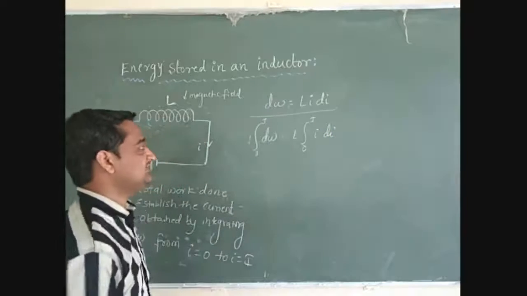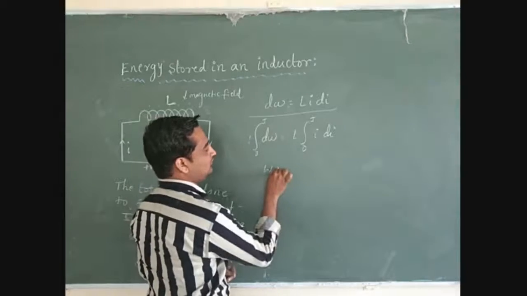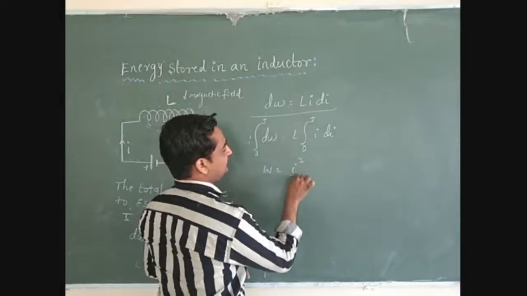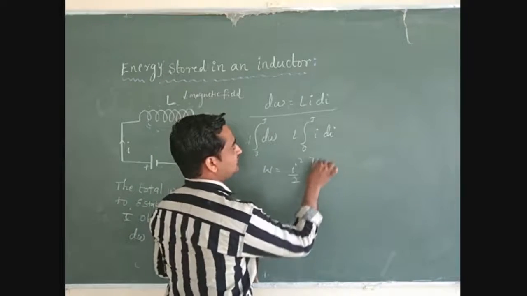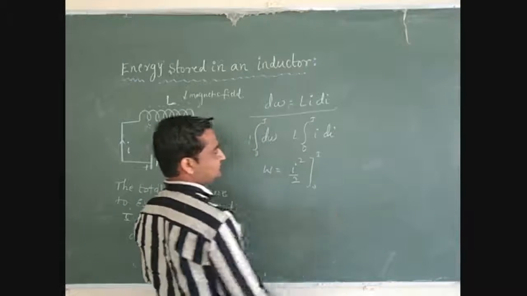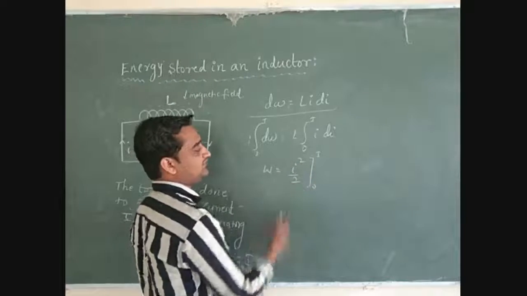So after integrating this expression, dW integrates to W, right? Integration of I is I square divided by 2. So the limits are 0 and I here, right? Now let us substitute the upper limit minus the lower limit. The upper limit gives I square divided by 2.